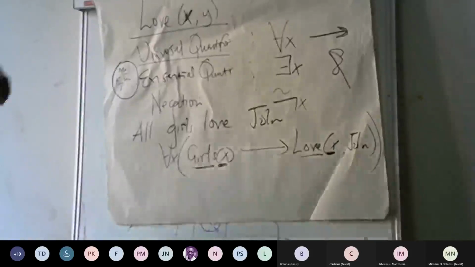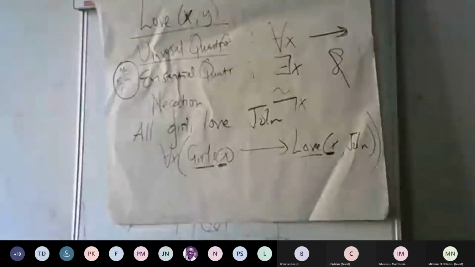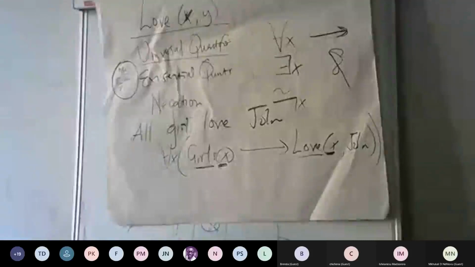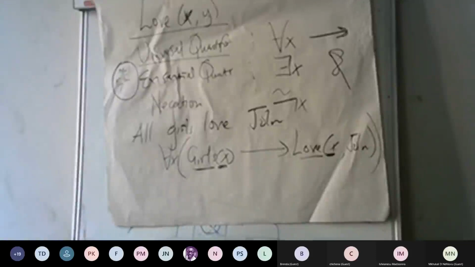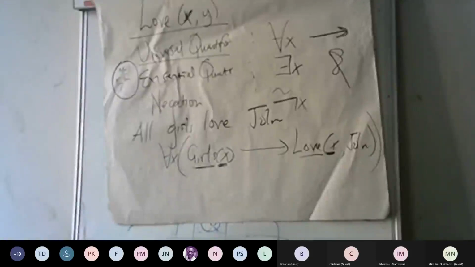Or if you want, we can have some girls love John. What it means is that there is a section that love John, but there's a section that do not love John. It's no longer automatic. Then I can now come with the existential, because the moment I say some, it means that there exists a specific group that love John, and some that do not even want to hear anything about John.